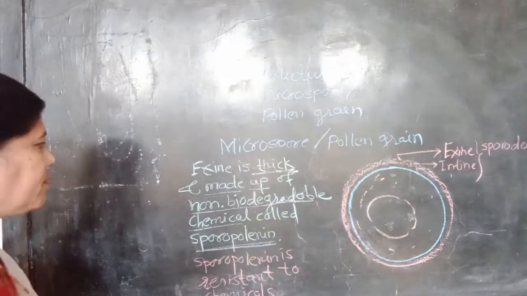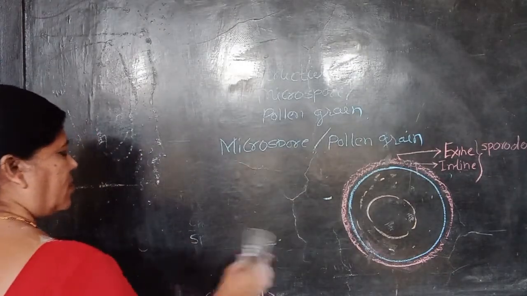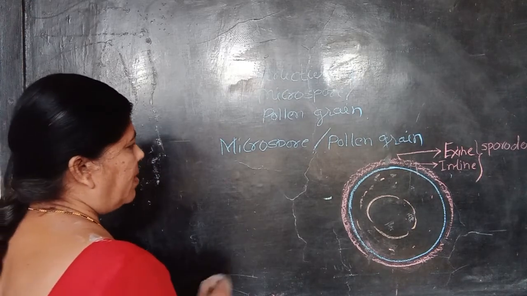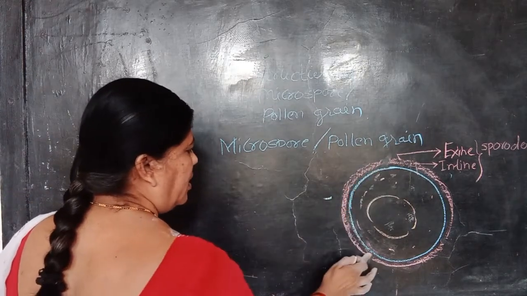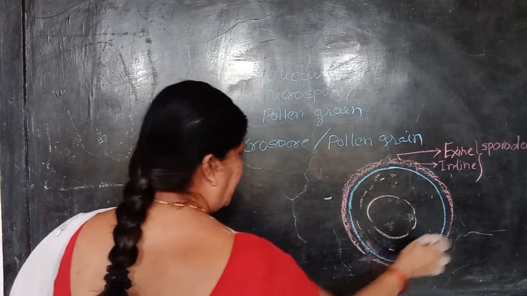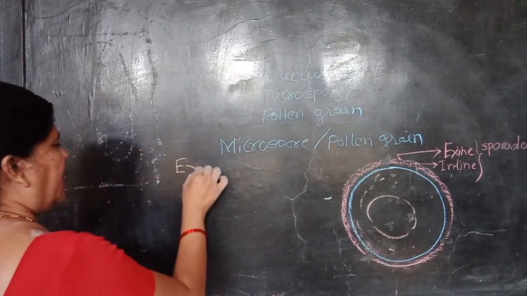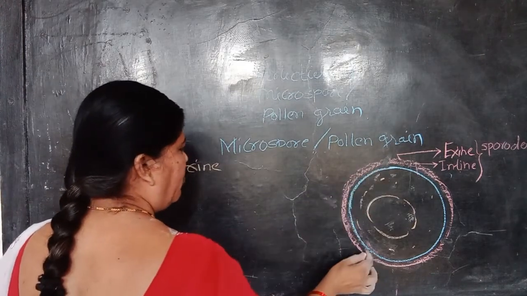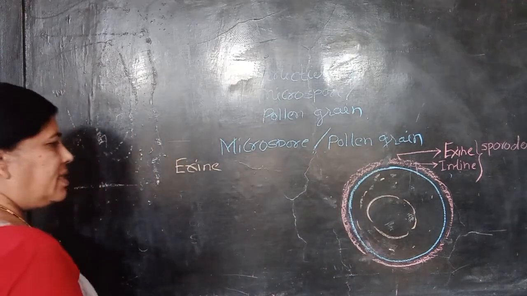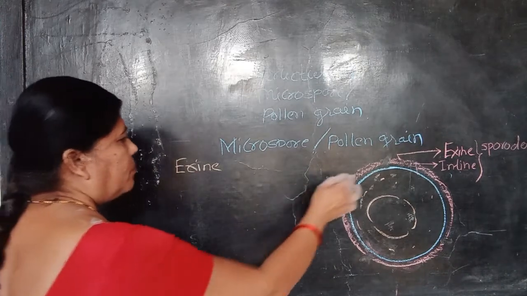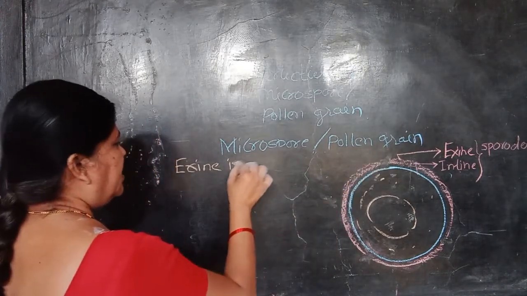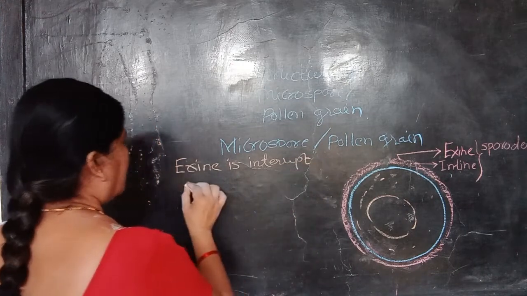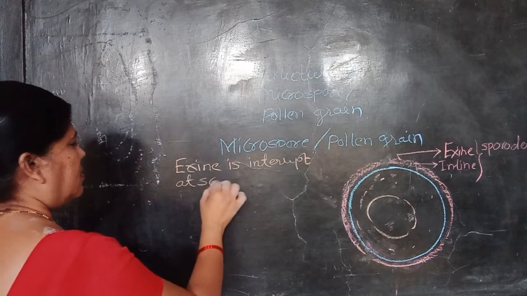Next point. Exine is interrupted at some places. Here exine is interrupted, and here exine is interrupted. Exine is interrupted at some places and has small pores at those places, and those pores are called germ pores.